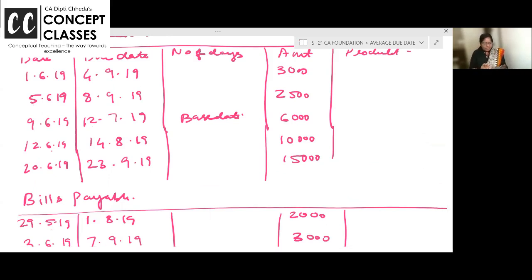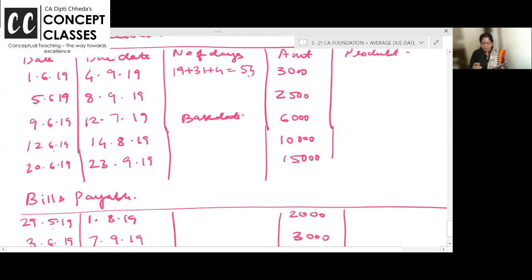How many days for July? 31 minus 12. This is for July, August and 4th September. 54.